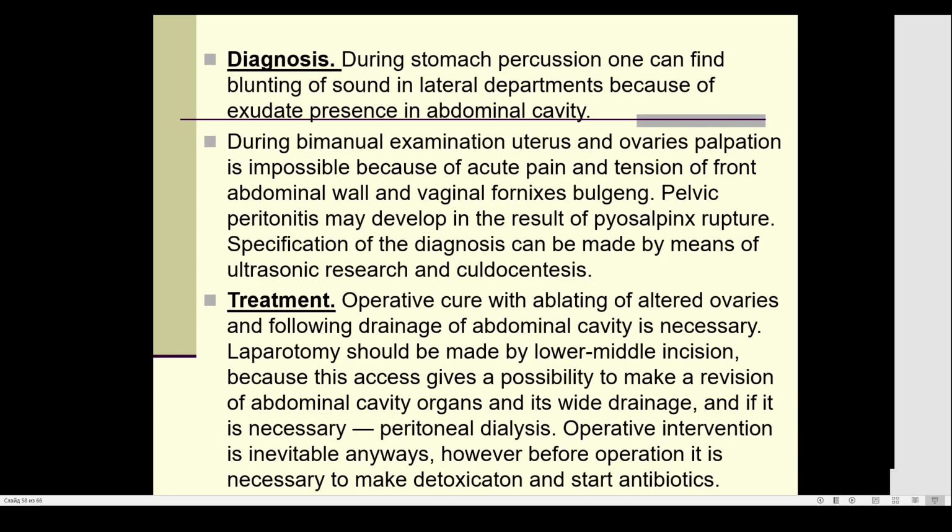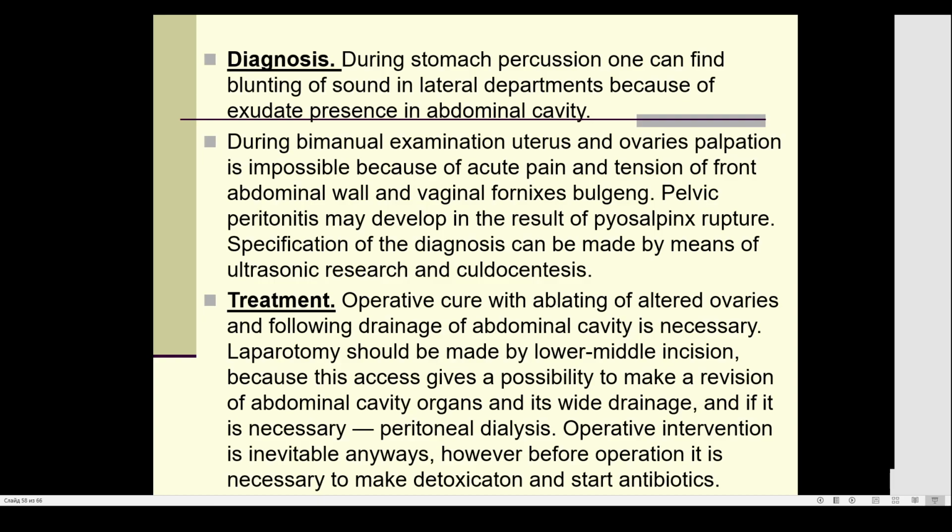Diagnosis: during stomach percussion, one can find blunting of sound in the lateral departments because of the presence of exudate in the abdominal cavity. During bimanual examination, palpation of the uterus and ovaries is impossible because of acute pain, tension of the front abdominal wall and bulging of the vaginal fornixes.